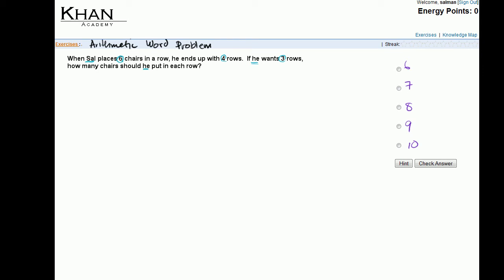Now, the hints for this particular question, first time you click hint, says 6 chairs times 4 rows is equal to 24 total chairs.